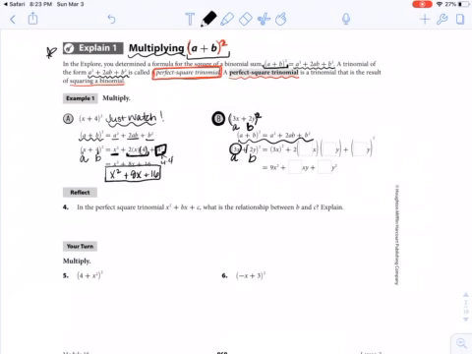And just like b is going to be 2y. And so I have 3x squared, which is a squared, plus 2ab plus b squared. Okay, and so my a was 3x, my b was 2y, and my b again was 2y.